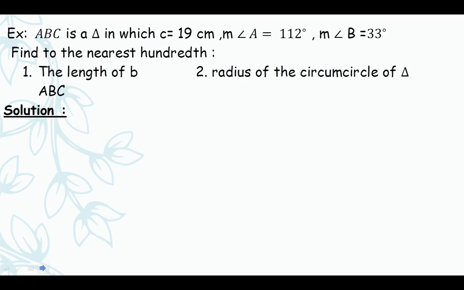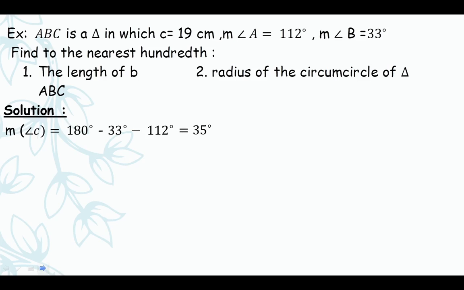Solution. The first step, as in the previous example, you should find the measure of the third angle. Here, the given values are the measure of angle A and the measure of angle B, so you should find the measure of the third angle. Measure of angle C equals 180 minus 33 minus 112.